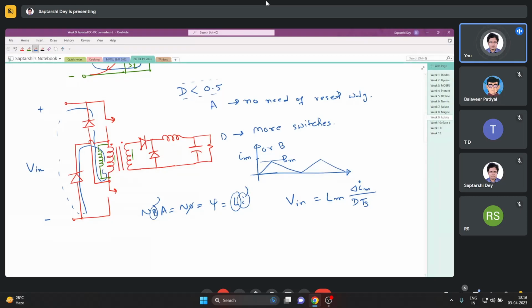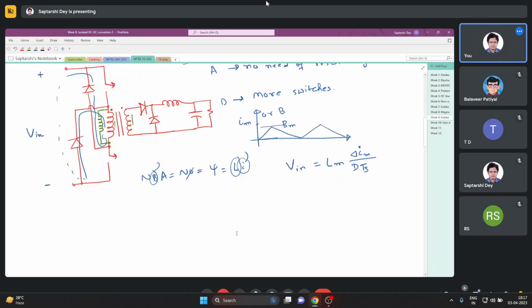So if you want to have a larger current, say for more power, hence larger flux, you have to go for a bigger core where you will get more cross-sectional area, so that you can accommodate more flux in it.